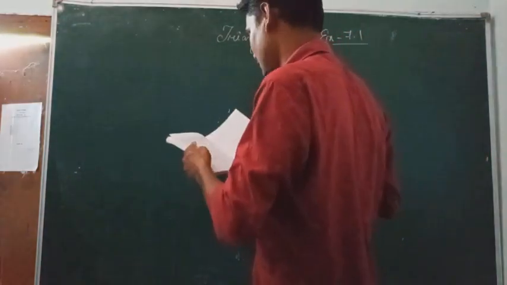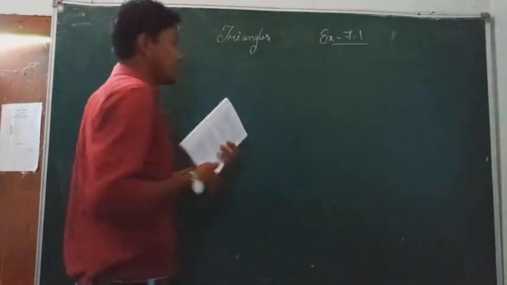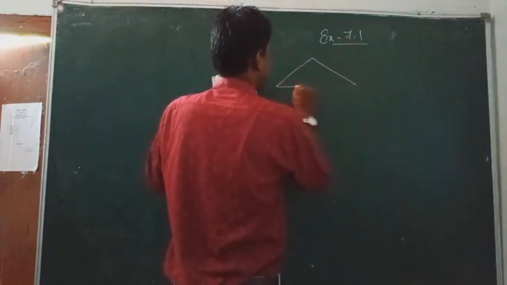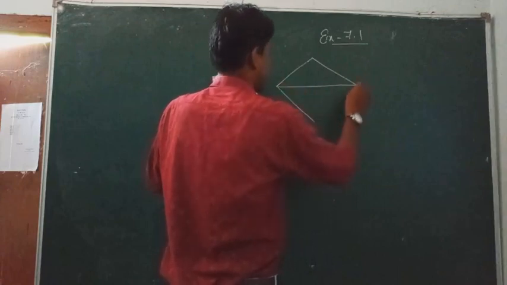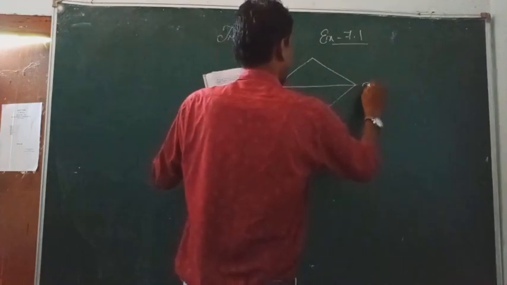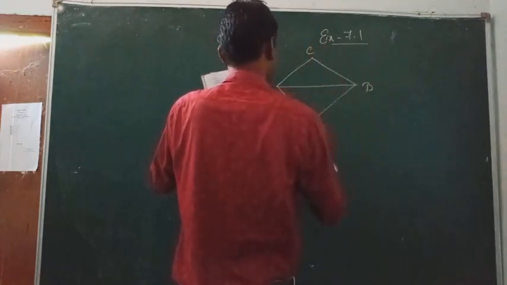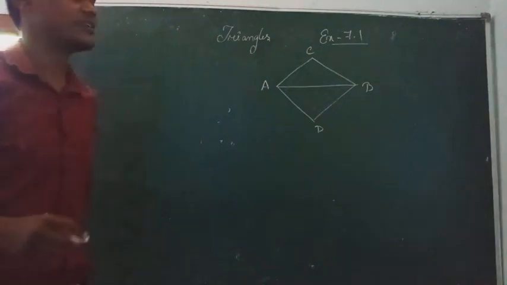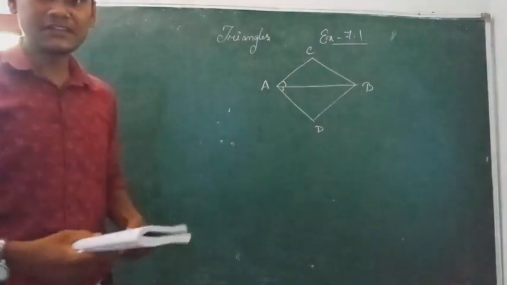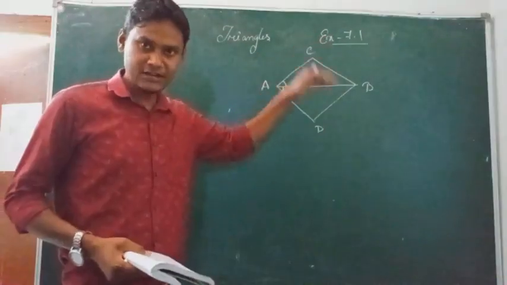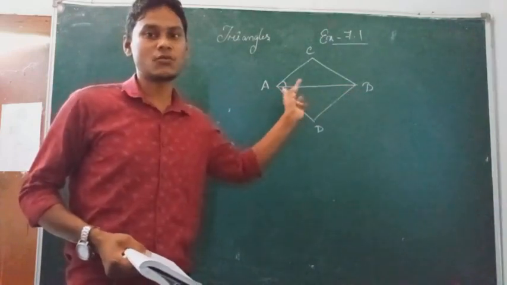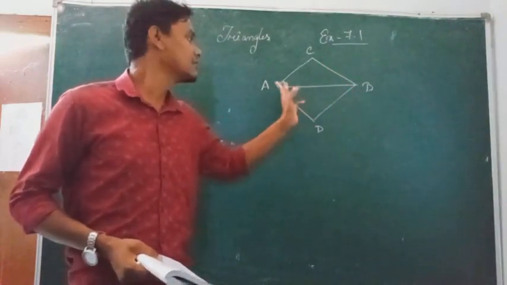ABCD is a quadrilateral. Let me draw the figure first. So this is the quadrilateral ABCD. Here you can see that the quadrilateral is divided into two triangles, the upper triangle and the lower triangle. It is divided by the side AB, which is the common arm for both triangles.